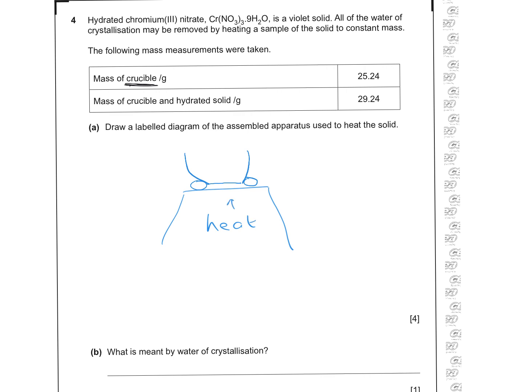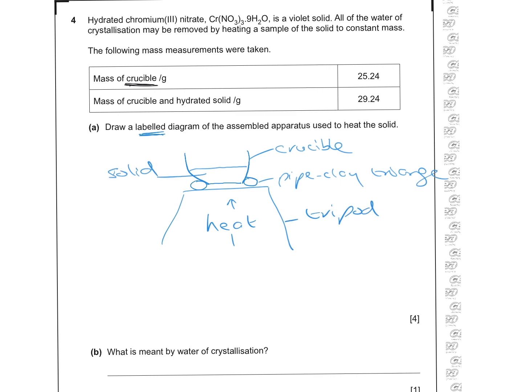So we write heat with an arrow, and everything has to be labelled. The sample is going to be in the crucible, and then, as I say, everything must be labelled. You can include a heat-proof mat as well.